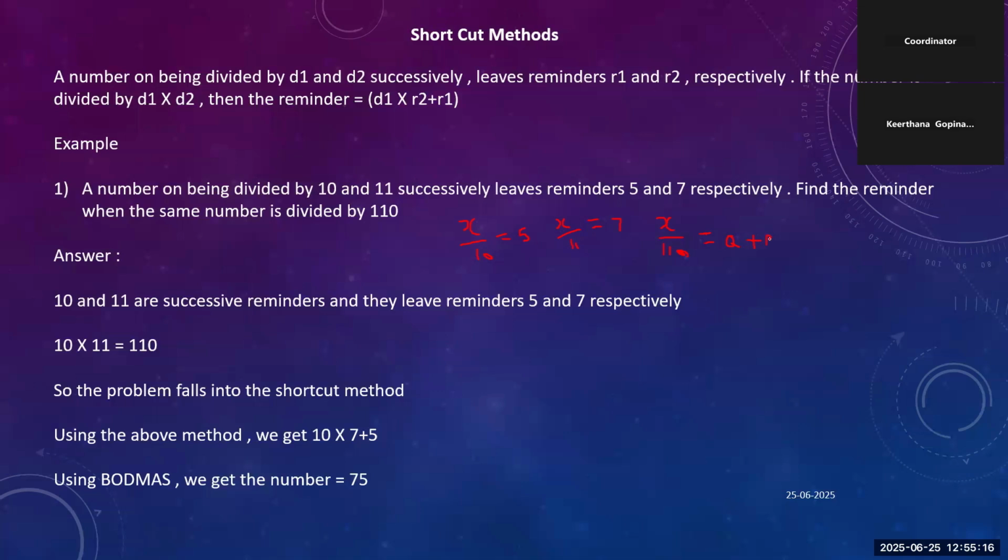Quotient plus remainder. First of all, we need x, right? We will come to it. We have to find x, and then we will have to find the remainder.